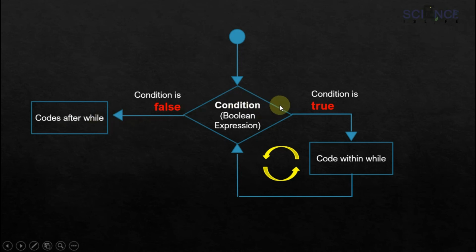If the condition is true, then the compiler will go inside of the while structure and execute all the code within the while loop. Then after executing all the code within the while loop, it again goes to the condition and checks whether the condition is true, right?